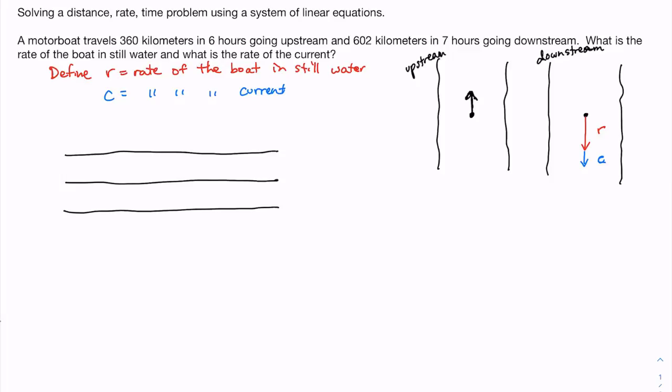Why don't we organize our data? Let's draw 3 rows and 4 columns.